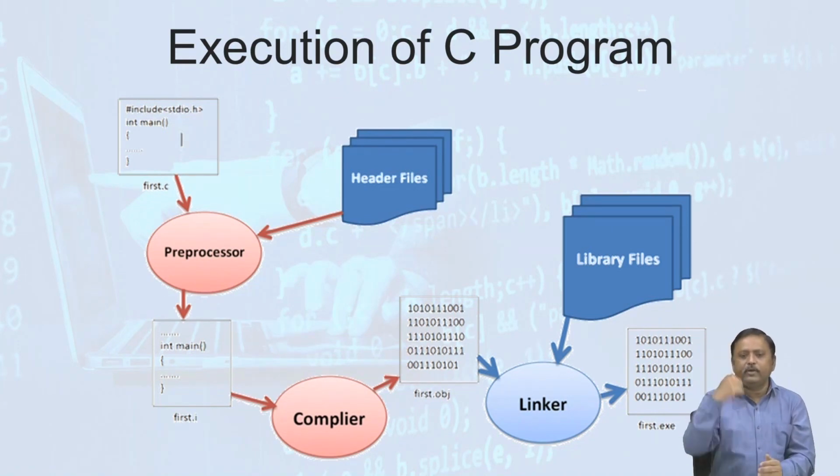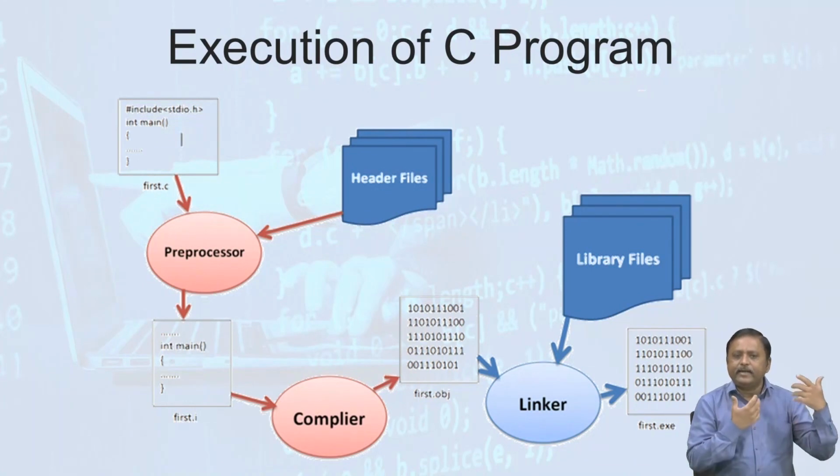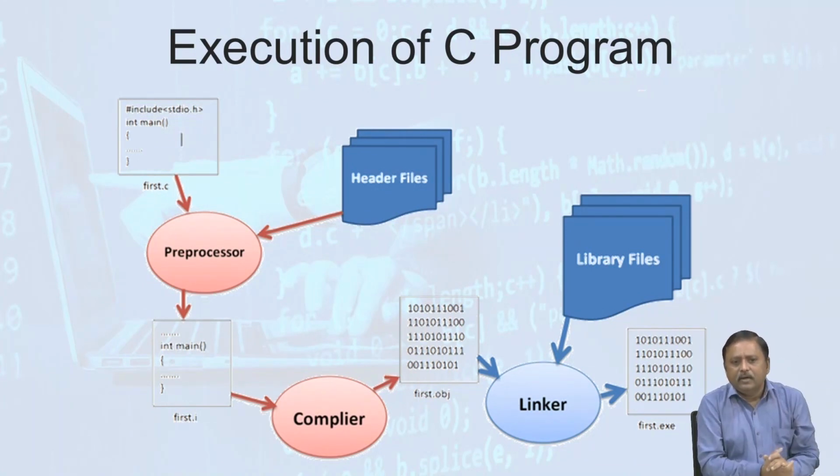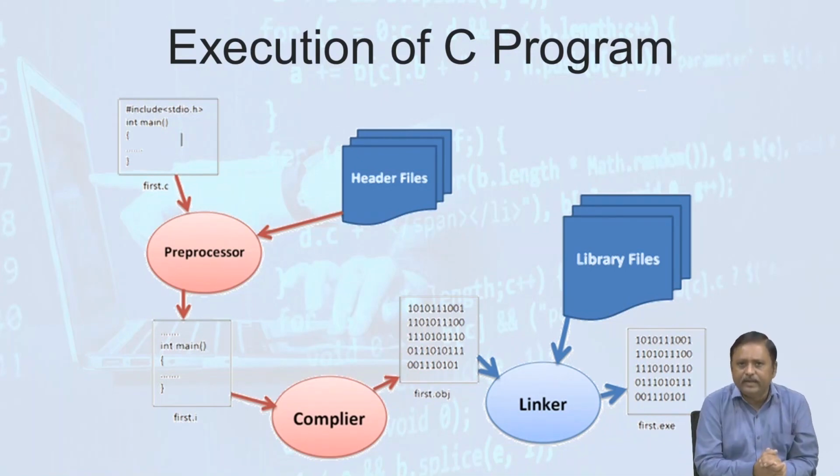As you see on the screen, if your program contains no error, then your C program with extension .c, for example first.c, is converted into first.obj, that is the object file. It is a binary file, right?